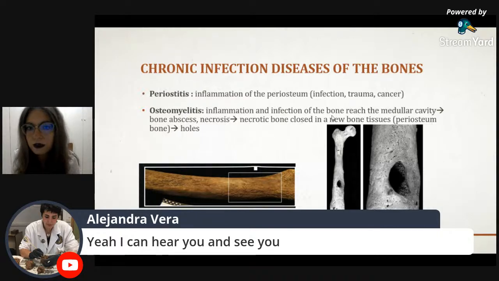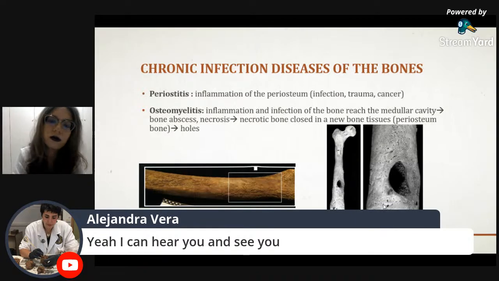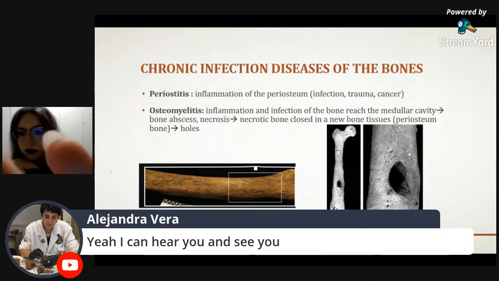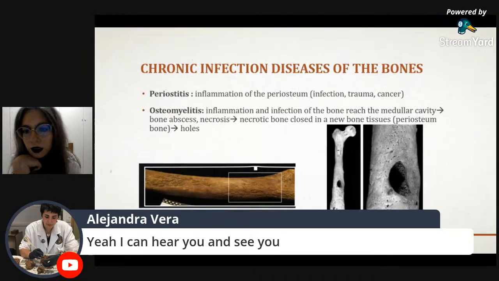And sometimes the necrotic bone is enclosed in new bone tissue in a sort of natural band-aid that keeps the necrotic bone limited from spreading, and that could leave many, many holes, and that sort of alteration and enlargement of new bone tissue.